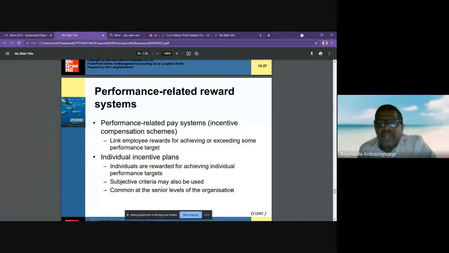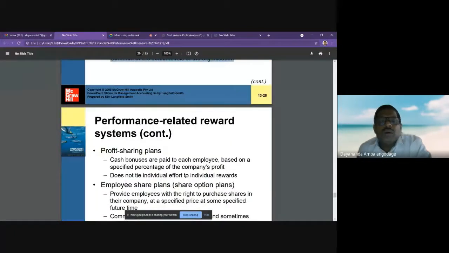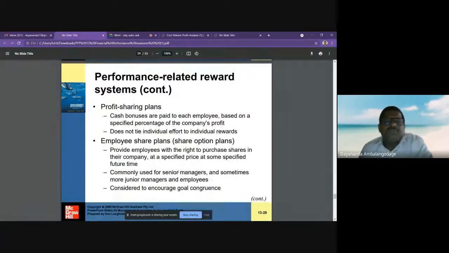This can be applicable for senior levels, but when you go down to operational level, operating employees, it is better to introduce teamwork, because division of labor is there. When you have the division of labor, it is always better to consider one complete task as one. So thereby, it is better to have teamwork or the group rewarding method.